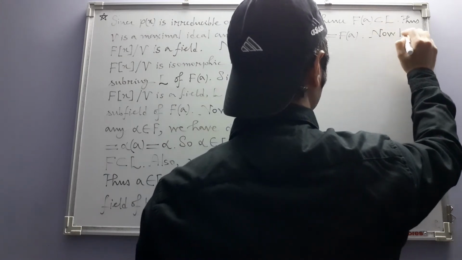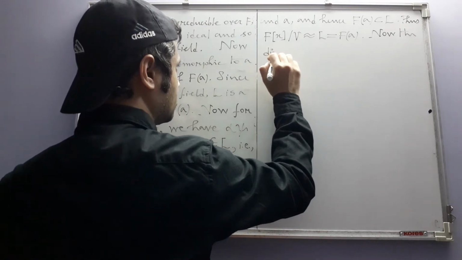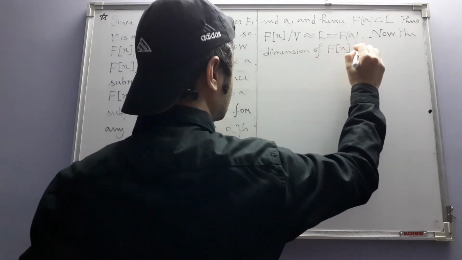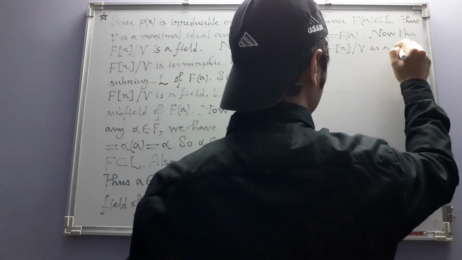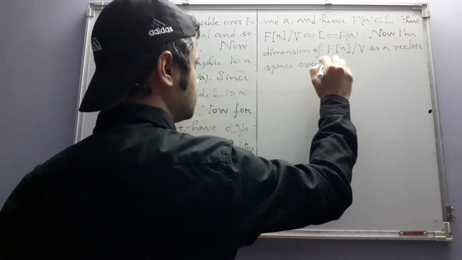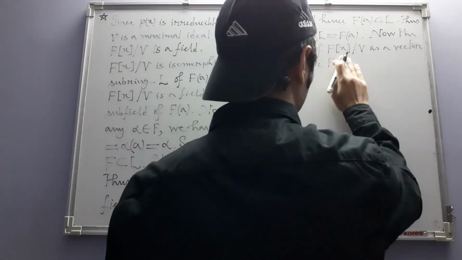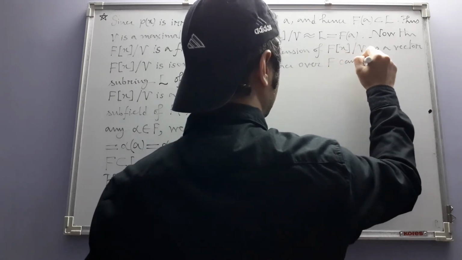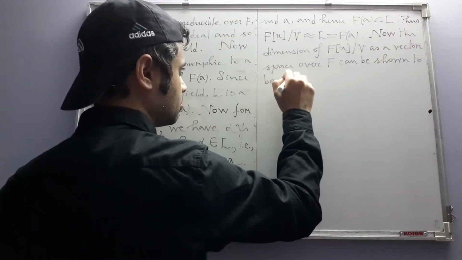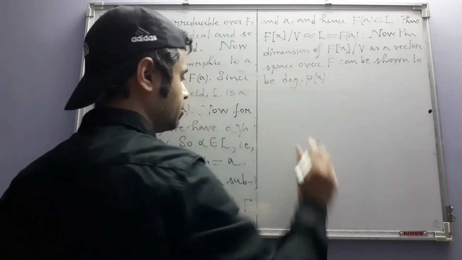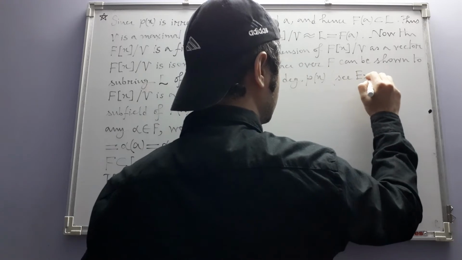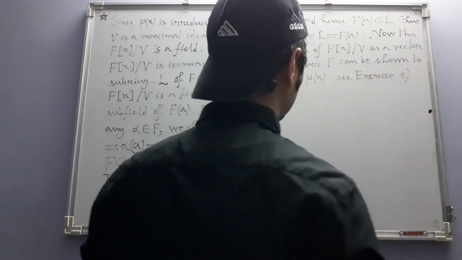Now, the dimension of this as a vector space over F can be shown to be the degree of the polynomial, that polynomial having minimum degree, and this we will see in exercise 2 at the end of this section.